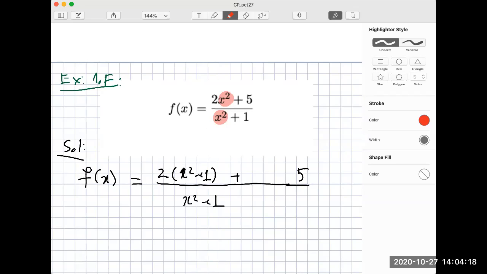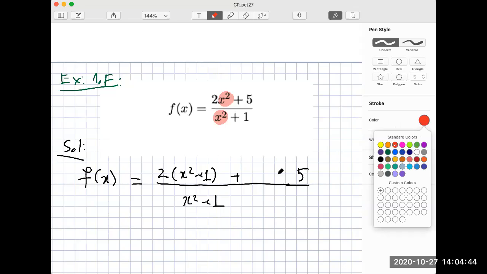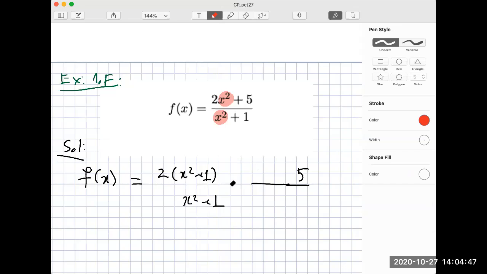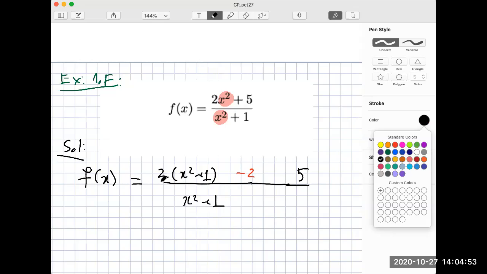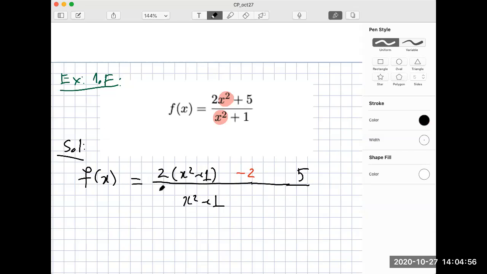If we can separate this into 2x squared in the numerator and x squared plus 1 in the denominator, but in the numerator, if we distribute it, it will be 2x squared plus 2, which is 2 more units compared to the previous one here. Therefore, we need to subtract, right, to even it. Do you all see it?